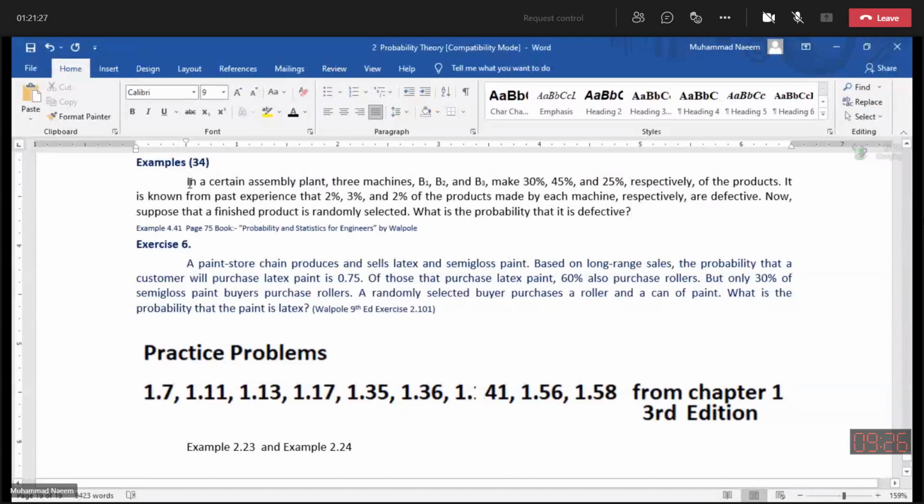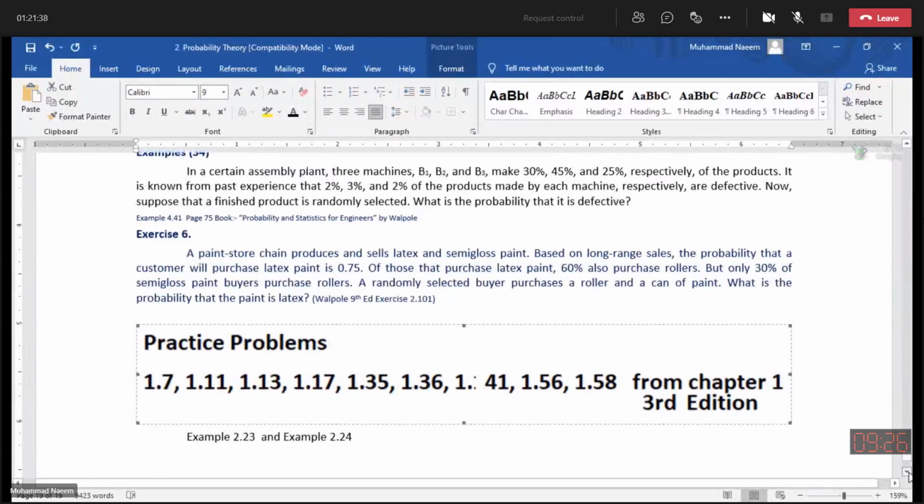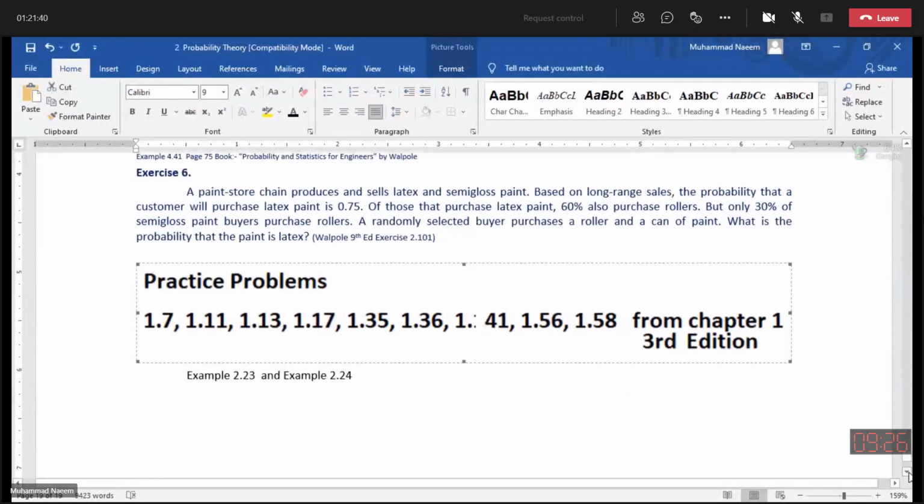You will have 10 short questions, each of 3 marks. Short question means they can be easily solved within 3 to 4 lines, only 3 to 4 lines.